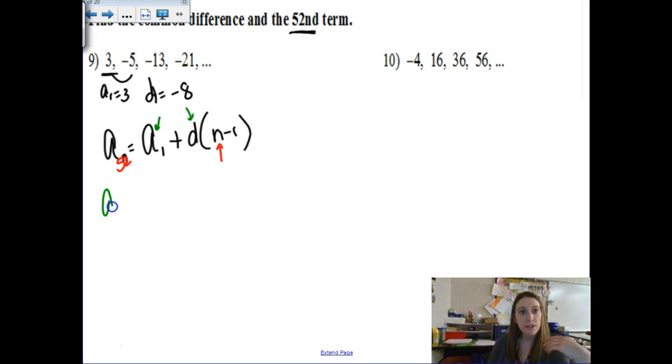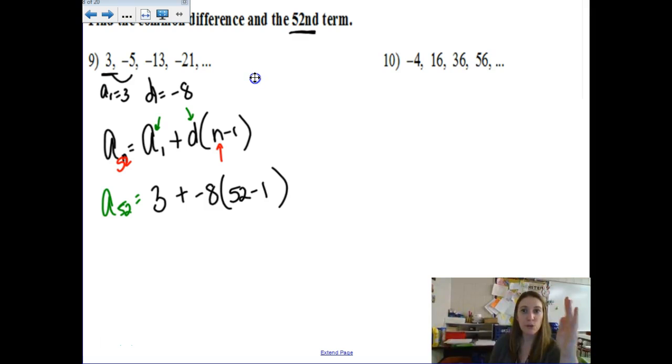So the 52nd term is, alright, our first term was 3, plus the common difference, oh that's weird, negative 8. And then if you think about this formula here, guys, 52 minus 1, you're not going to subtract 8 52 times from the first term, you're only going to subtract it 51 times, because that's how many times you have to hop to the next term to go from term 1 to term 52.